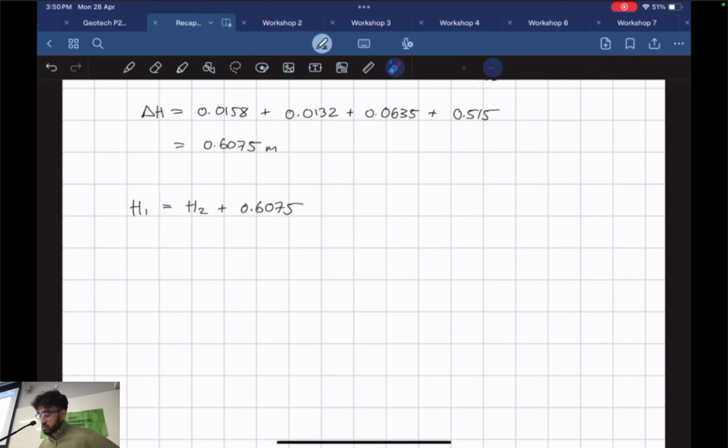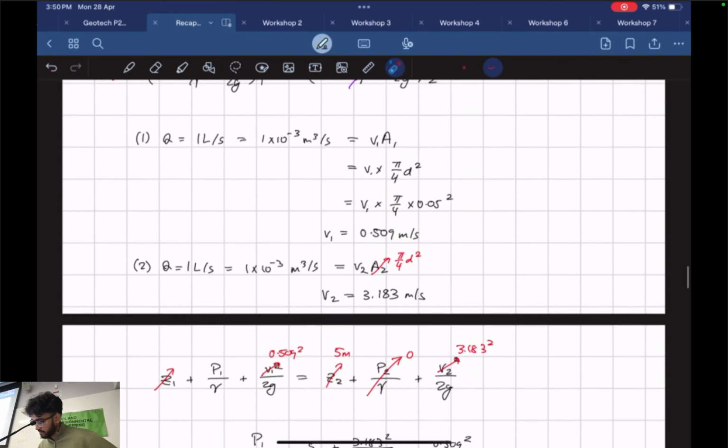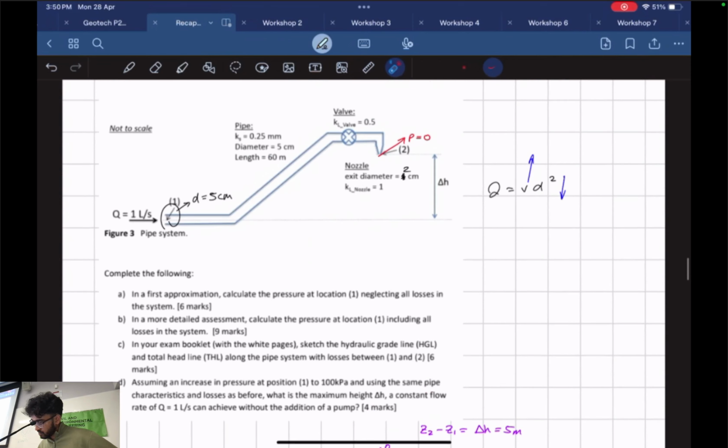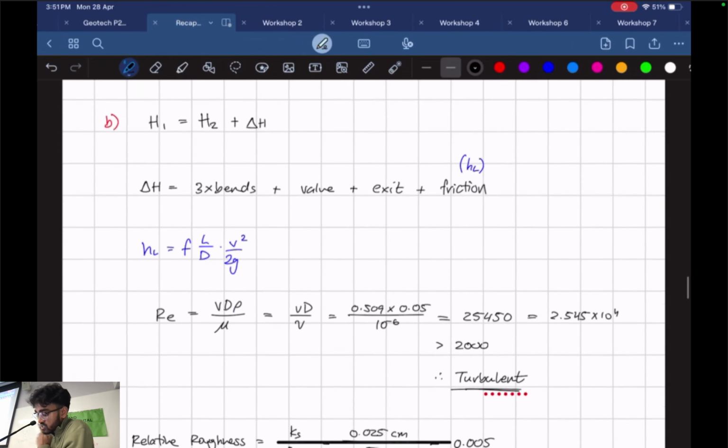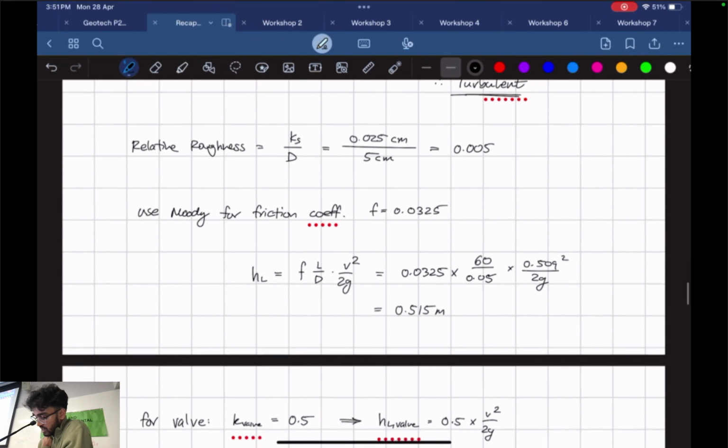The exit. Oh, these are the wrong velocity. Yeah. 0.006. How come? Wait, firstly, I've got to fix up the exit one.